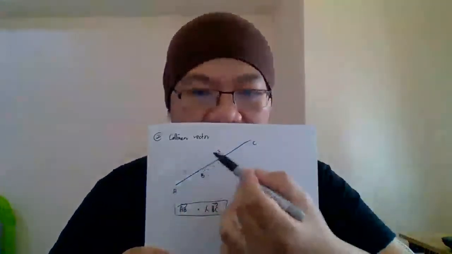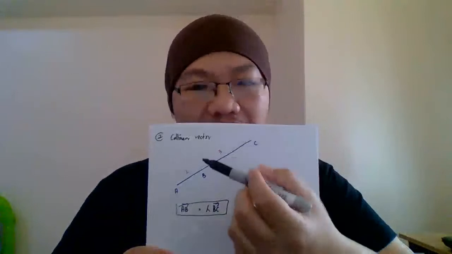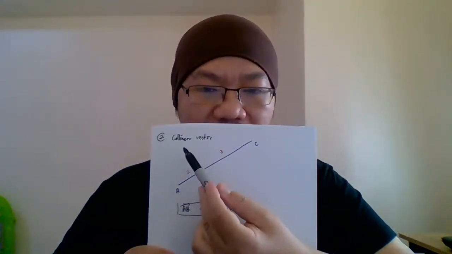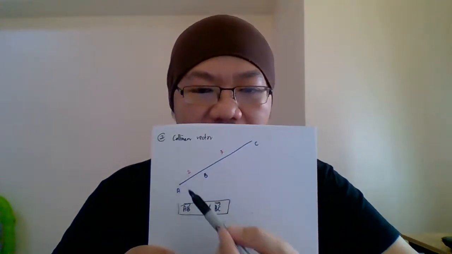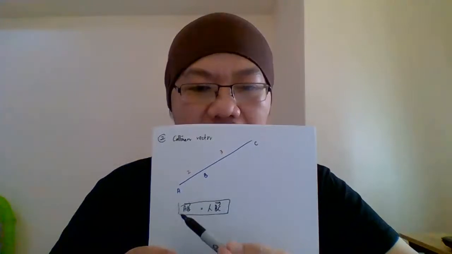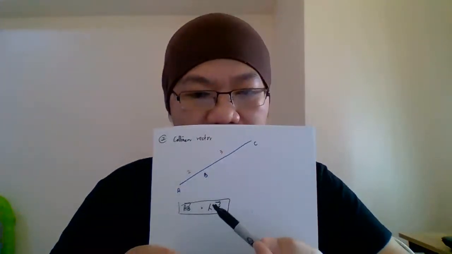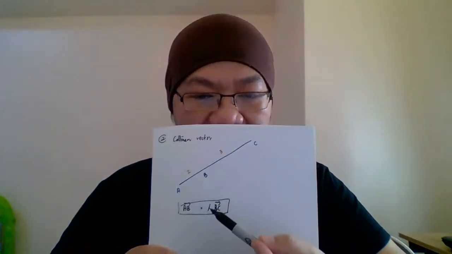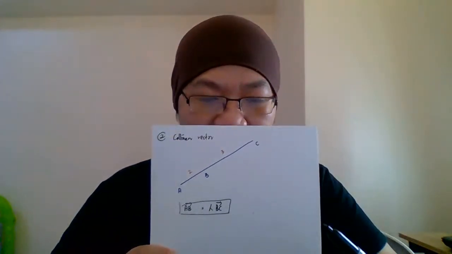When we talk about collinear vectors, it is a very favorite topic in SPM, so make sure you know how to work with this formula. AB equals lambda BC, and you must notice that lambda is a ratio, a number.